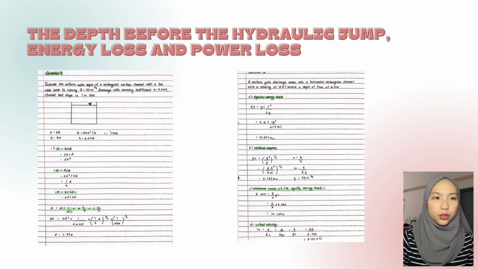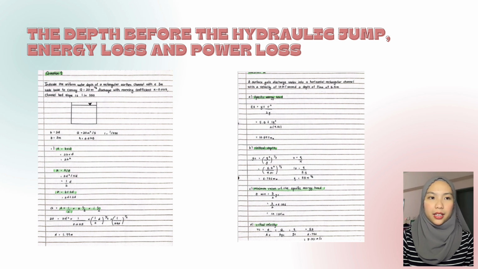So here we could use 2D squared over 4D, and the answer would be D over 2. Then to get P, which is the third step, is B plus 2D, which equals 2D plus 2D.